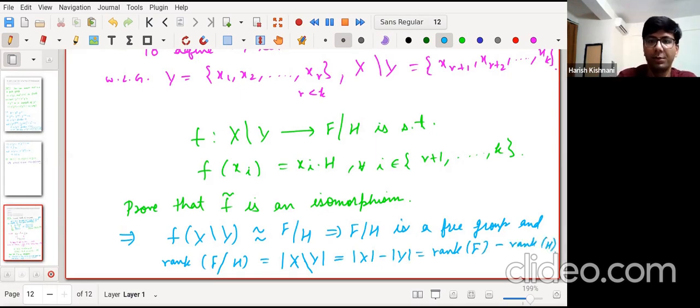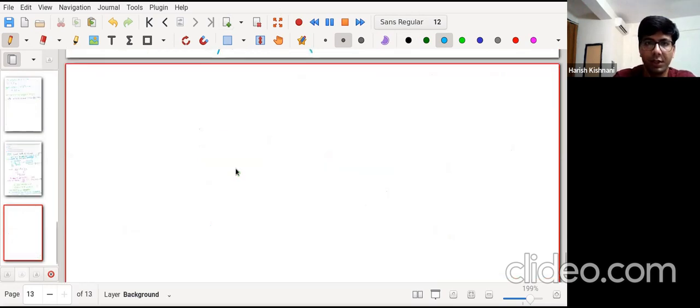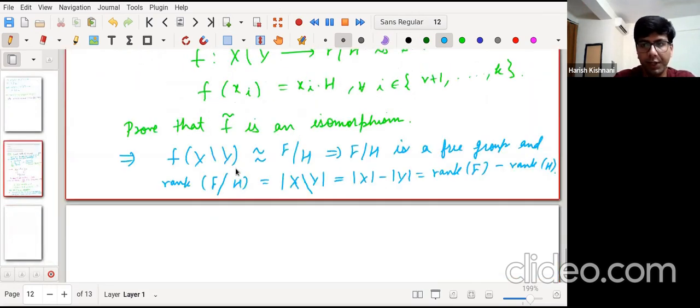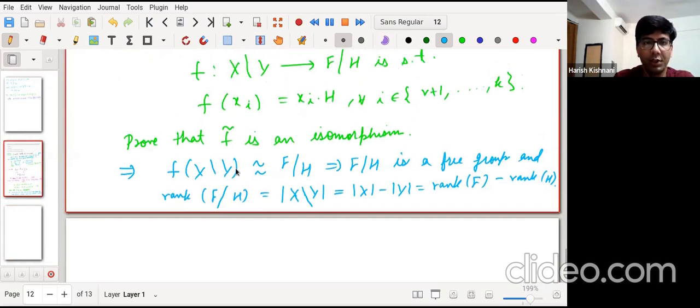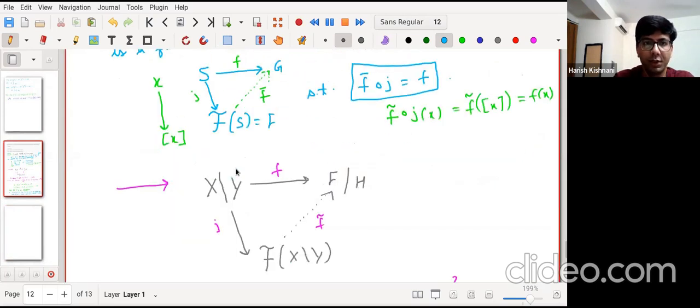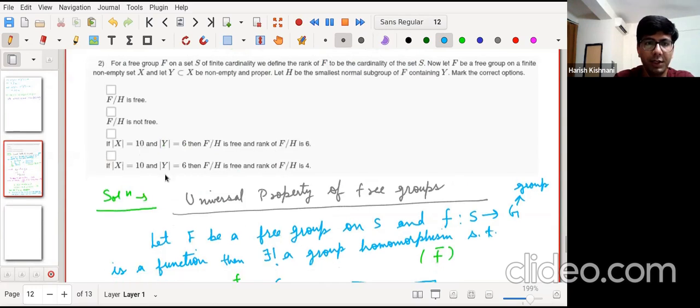Okay, this will prove a general result. So F modulo H is free, that you have already proved. And the second part was, if the cardinality of X is 10 and the cardinality of Y is 6, then what is the rank of F modulo H? It's going to be the rank of F minus the rank of H, that is 10 minus 6.